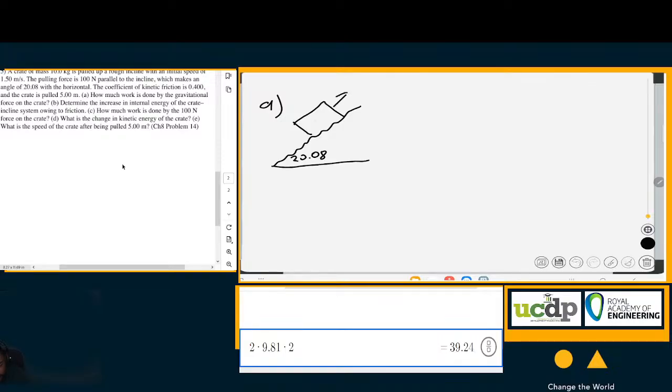It's being pulled upwards by a force of 100 newtons. There is a force of kinetic friction, Fk. Then gravity goes down, Fg. These are the forces on this crate.